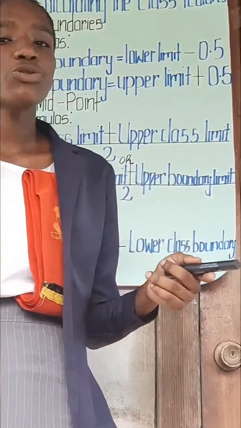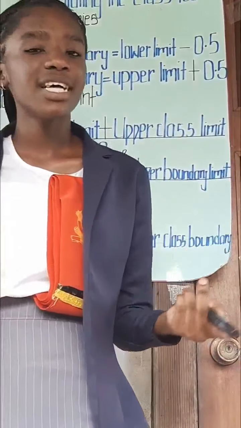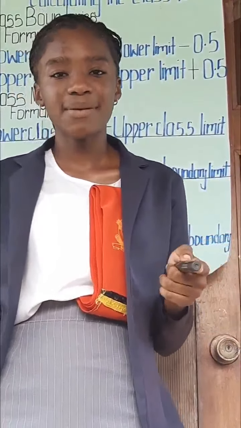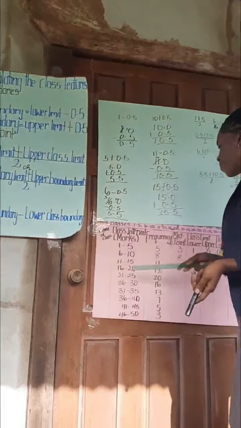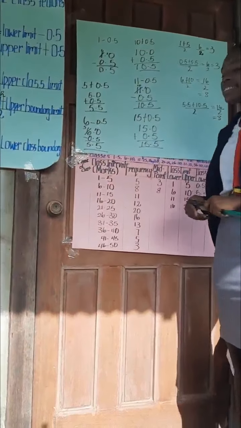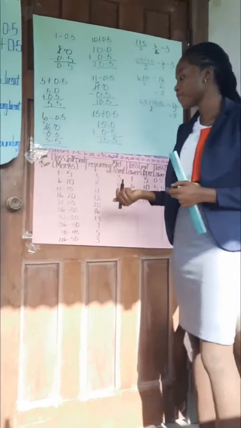One class width is going to be the same as the rest, right? So you could just choose one at random and everybody else will have the same answer just as you. So I will choose the 16 to 20 class, right?